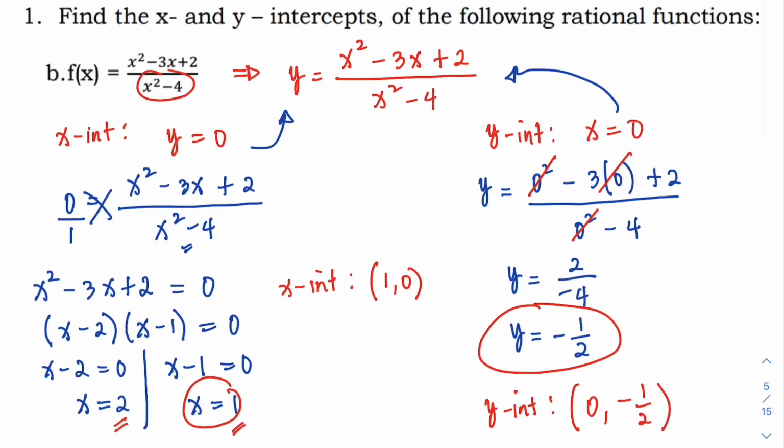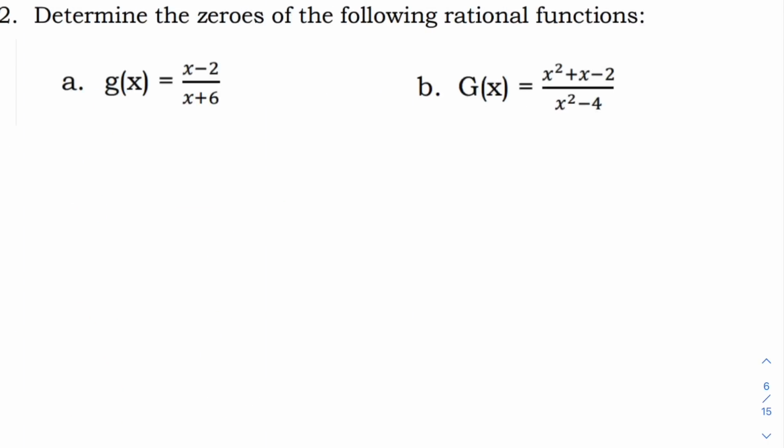So let's have another example. But this time, we are asked to determine the zeros of the following rational functions. Okay? So kagaya ng sinabi ko kanina, na yung zero ng ating rational function is same lang nung ating x-intercepts. Tama? So yung procedure natin is halos parehas lang. So try natin.